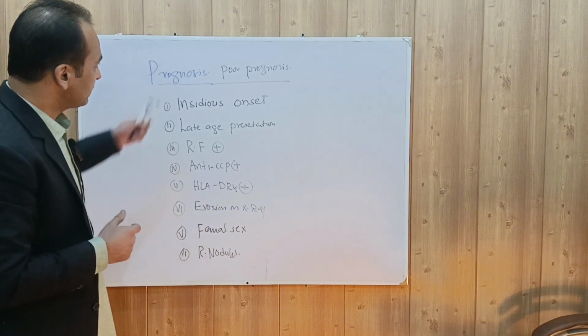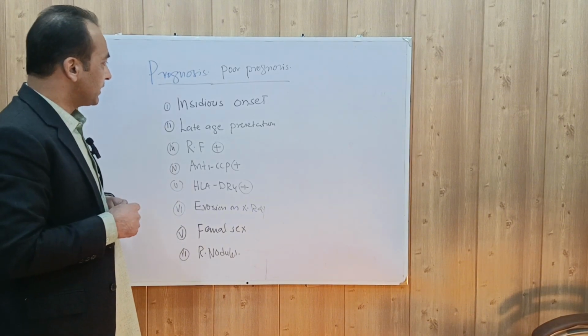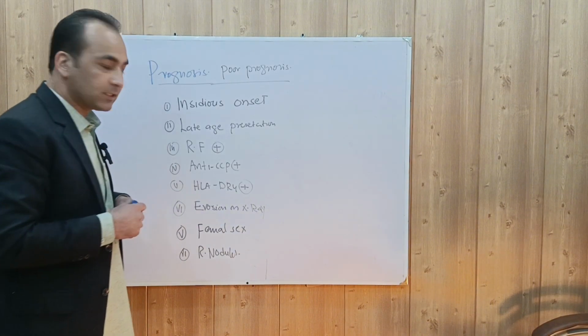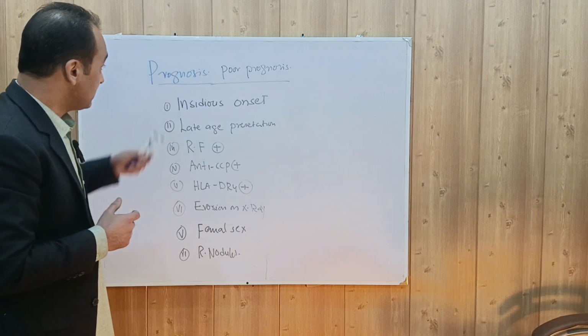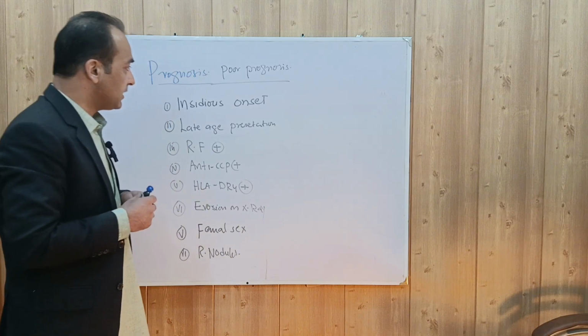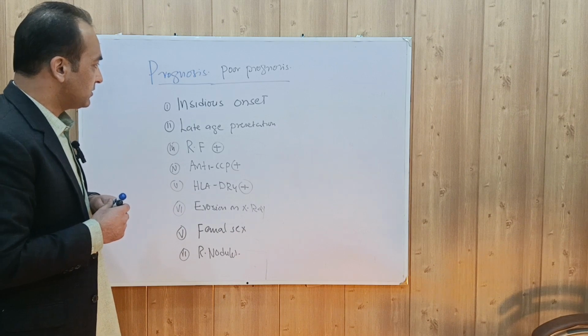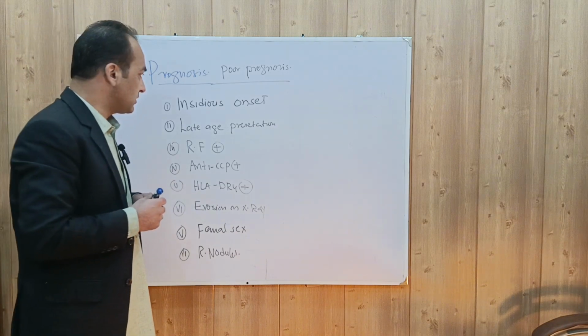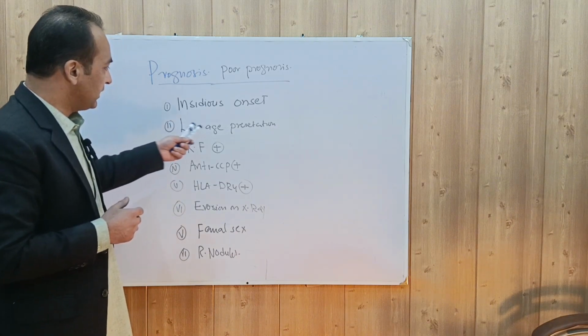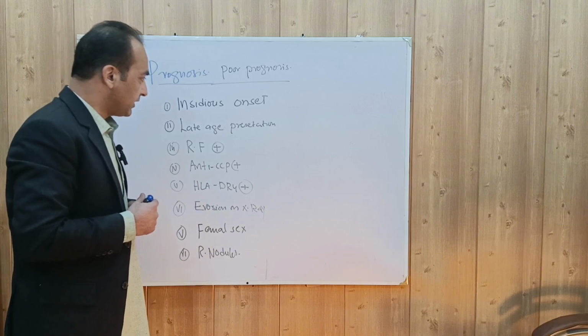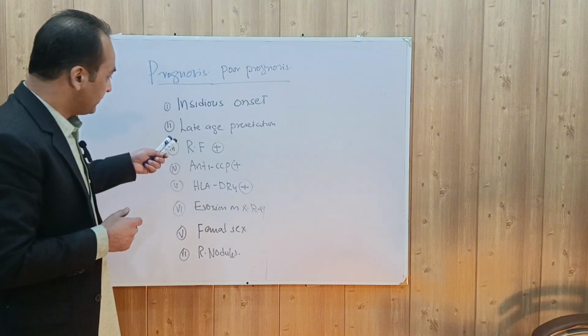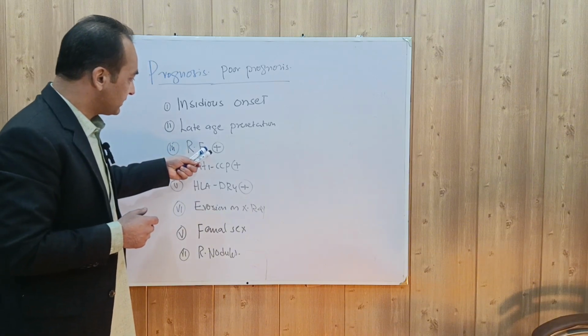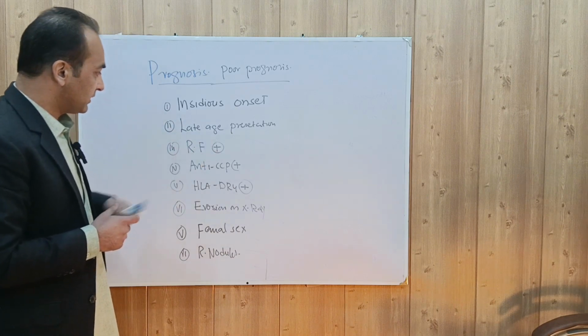Now the poor prognostic factors in rheumatoid arthritis include insidious onset. This has poor prognosis because sudden onset is not a poor prognosis in rheumatoid arthritis. Late age presentation is also a poor prognosis, and positive rheumatoid factor is a poor prognostic factor.